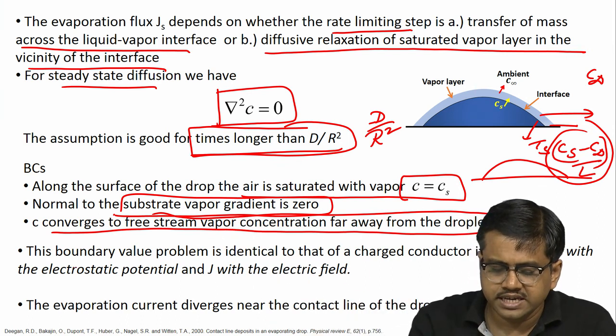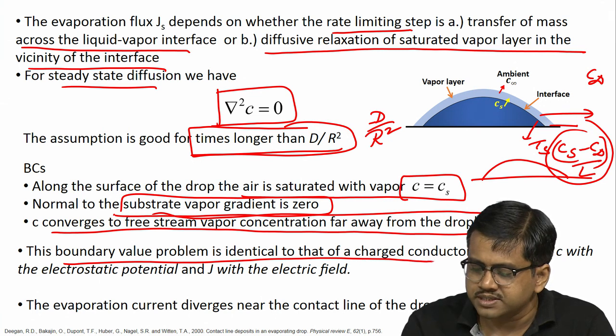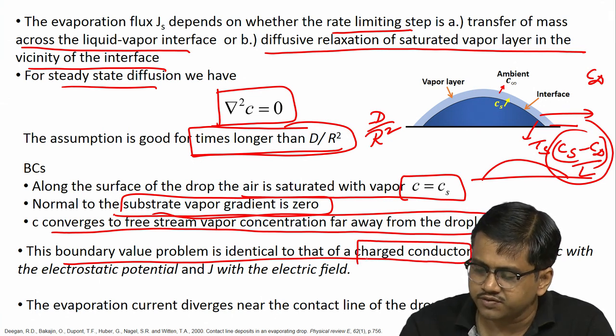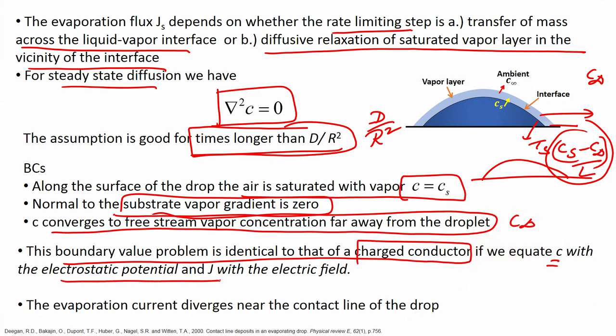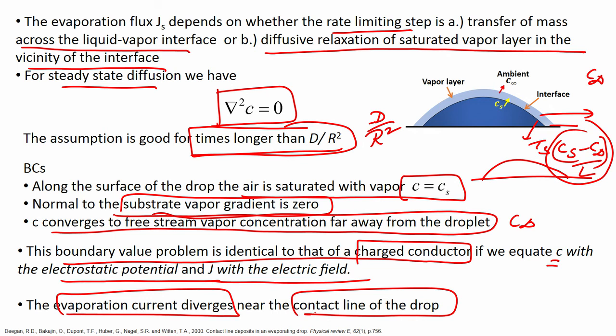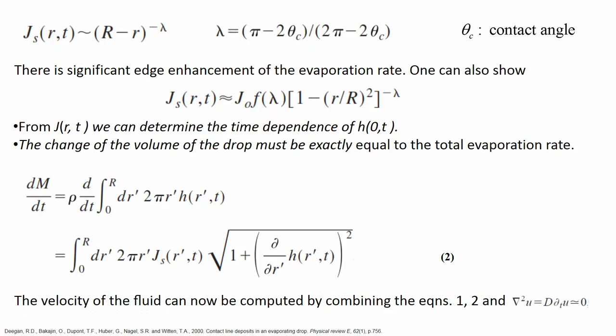Deegan said that the boundary value problem is similar to a charged conductor if we equate C with the electrostatic potential and J, the flux term, with the electric field. But the evaporation current actually diverges near the contact line. That is still an unsolved problem in the droplet evaporation paradigm.